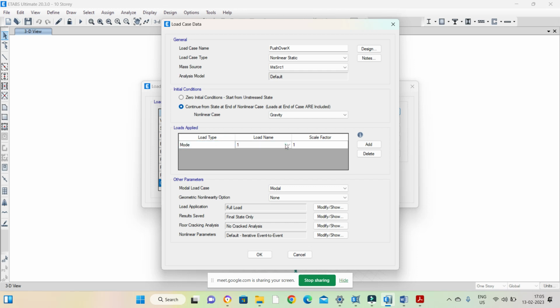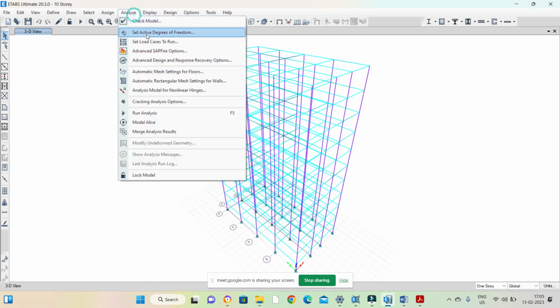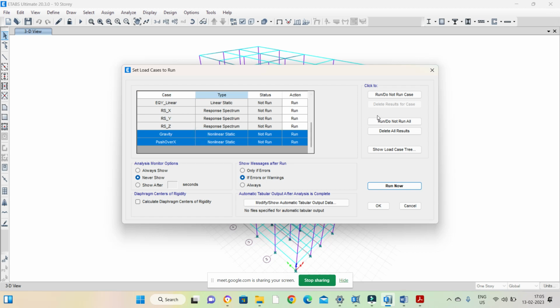This mode shape, and this is mode 1. You can decide mode 1 only after running the modal analysis. At the moment I am not sure which is mode 1 for this x direction. Let me check. First I will run a rough analysis to check the modes. Let us ignore these two cases.